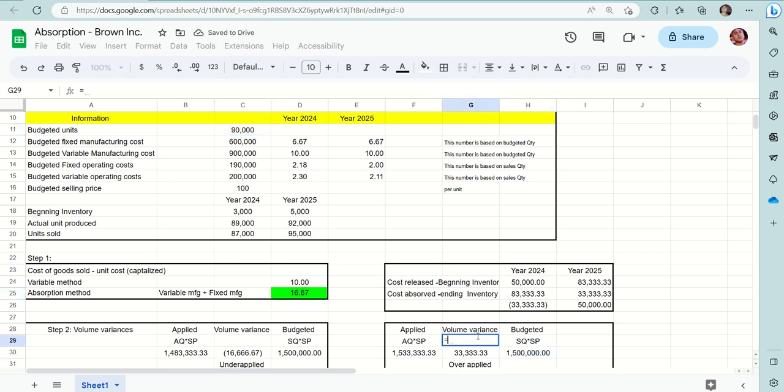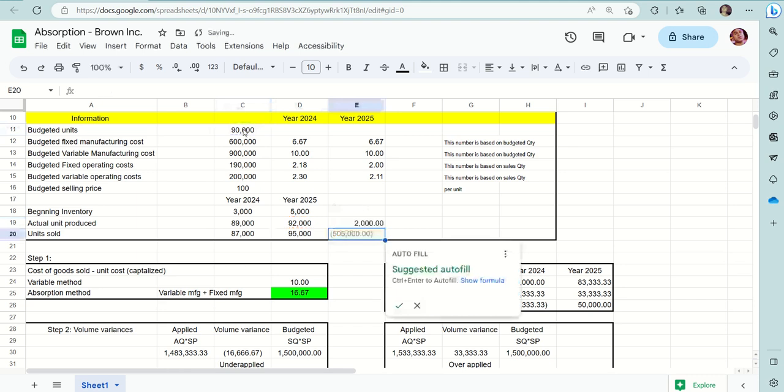Here we just simply subtract from left to right. And you can see this number is positive. That means we over applied. And how do you know we over applied? Right here. Remember, we targeted for 90,000, but we produced 92,000.